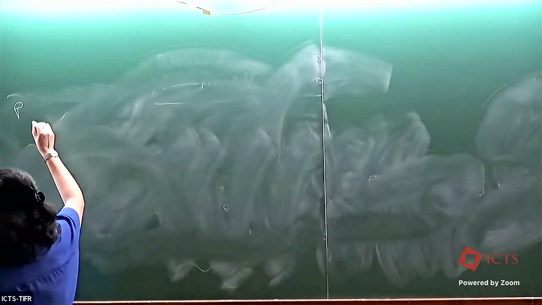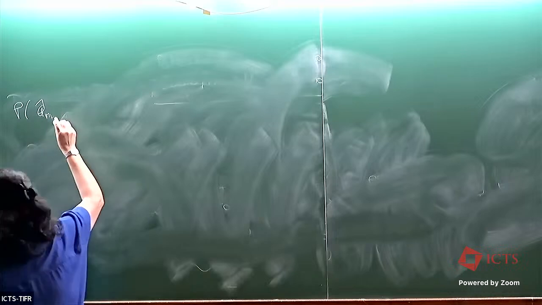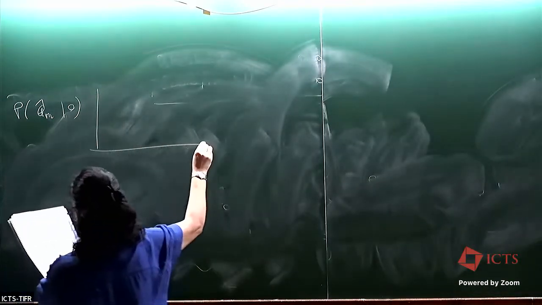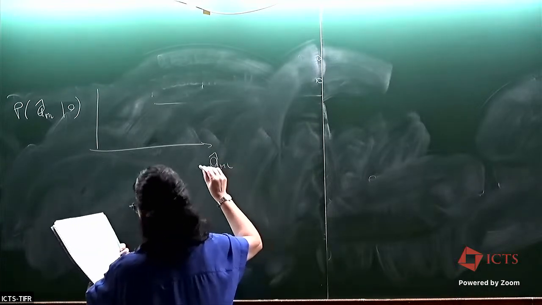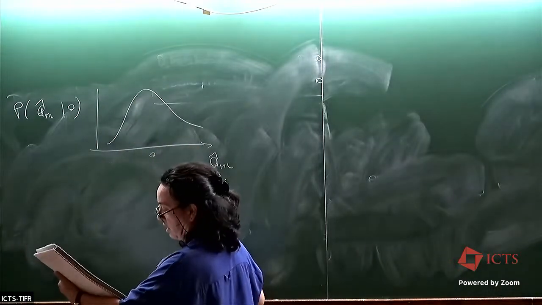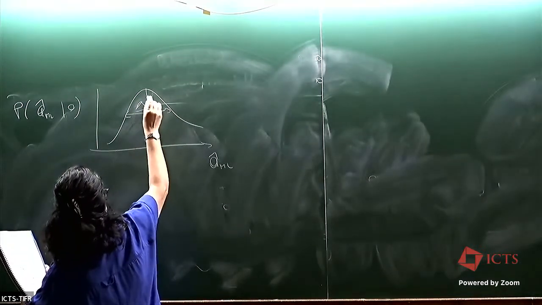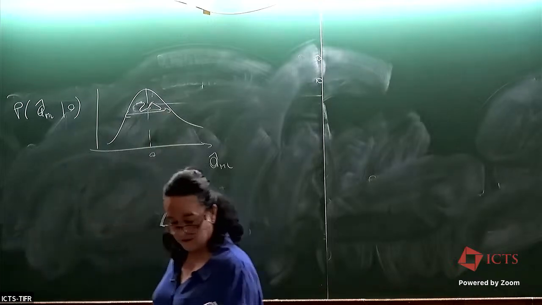And now we can plot the probability of the maximum likelihood given A, maximum likelihood given the certain value L, and this is going to have a certain shape and a certain width.